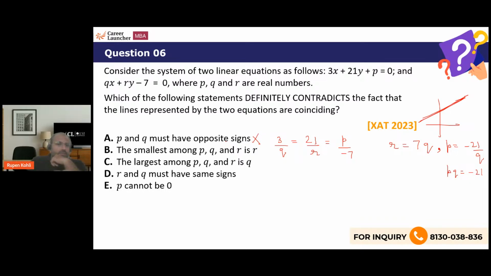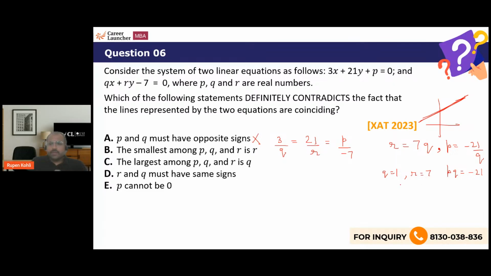The smallest among P, Q, and R is R. R is 7 times Q. Now, P, Q, and R are real numbers. Let's say if R is 7Q, if Q is 1, then R is 7.